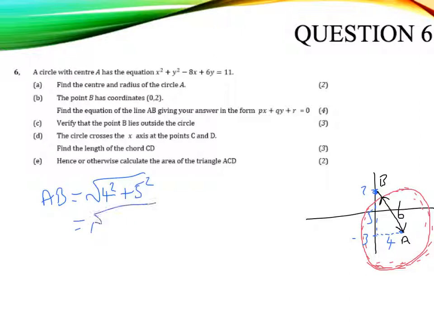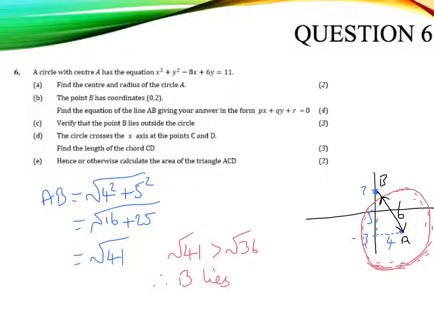Okay, which is the square root of 16 plus 25. That's going to give me 41, which is root 41. Well, root 41 is definitely bigger than root 36. So we can say that root 41 is greater than root 36. Therefore, B lies outside the circle.